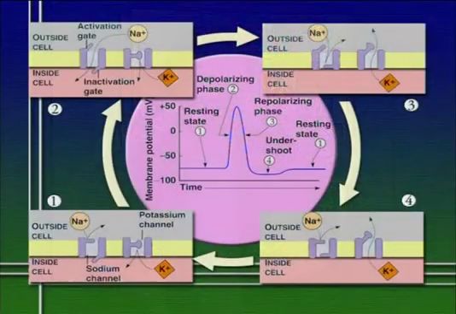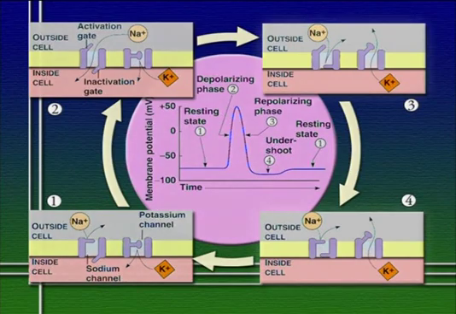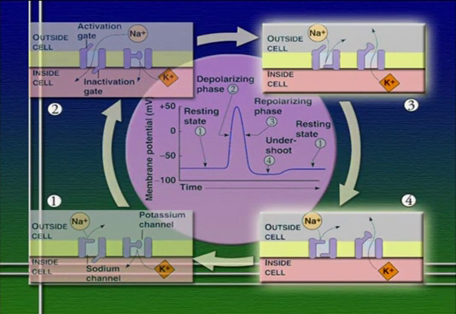Remember, after a patch of a neuron has undergone an action potential, the sodium voltage-gated channels in that area are going to remain shut because their inactivation gates are closed. So if an action potential starts at one end of the axon and starts moving down the axon, at any one point in that process, sodium that is rushing into the cell will flow both in the direction that the action potential is moving and back to where the action potential came from.